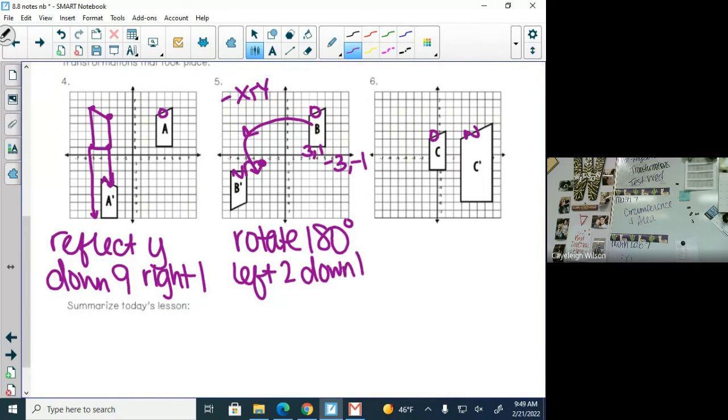And if you want to be super precise, then you could actually move the whole figure. It didn't tell us that we had to graph it though, so that's why I'm just doing it more verbally or just with one point. So what I did again, after I rotated it 180 to be in this quadrant, I thought to myself, okay, I know that since this is 3, 1, a rotation of 180 changes the sign of the x and y.